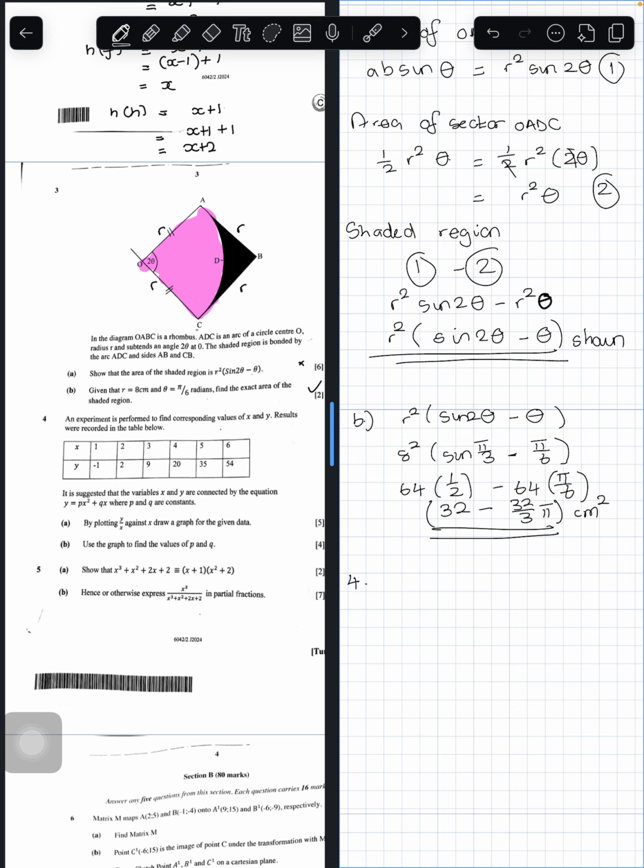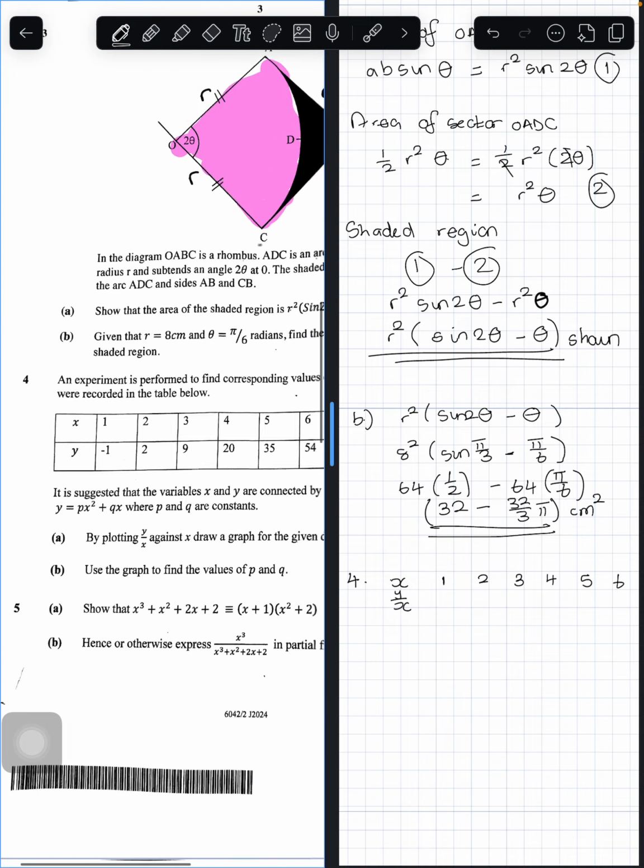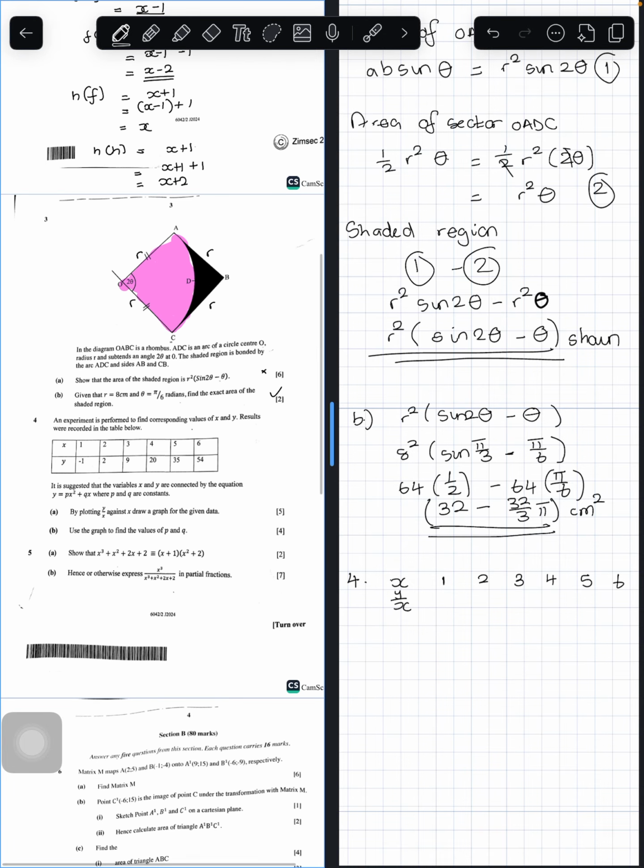So let's write our x values, this is our x values, then our y over x values. So our x values do not change. We still have 1, 2, 3, 4, 5, 6. Right, then our y over x values are changing now. Right, so is that a minus 1? Yeah, that looks like a minus 1. Right, so y over x.